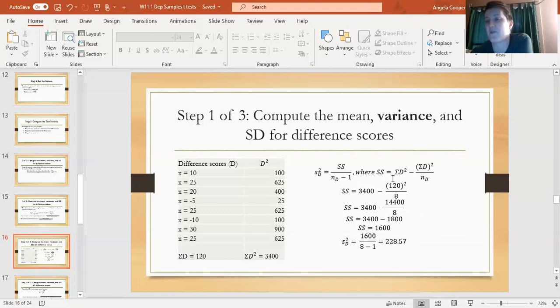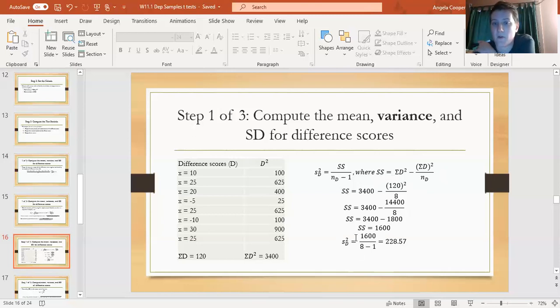Okay, that's just the first part of variance. So now we take our sum of squares, our variance for the different scores, and we plug in the numbers we have. So we have our 1,600, our sum of squares. So we take that and plug it in, and then divided by, we plug in the number of different scores we have.